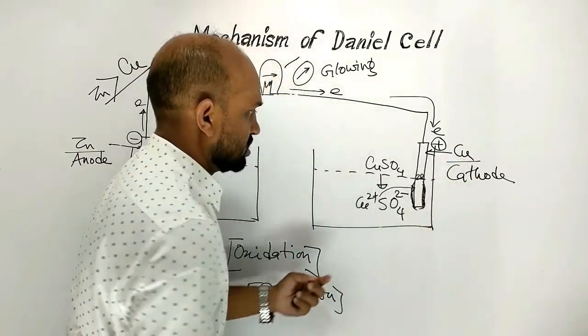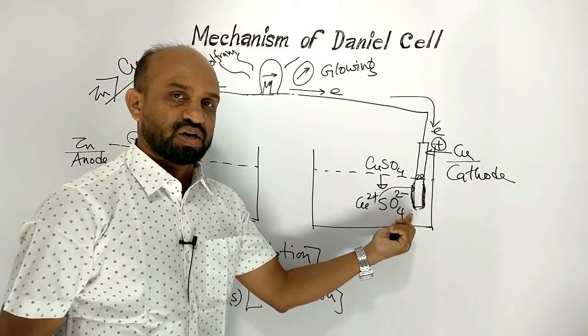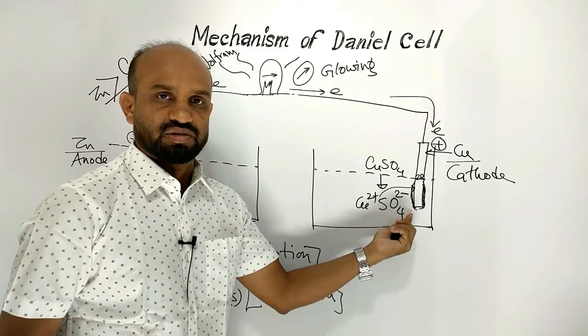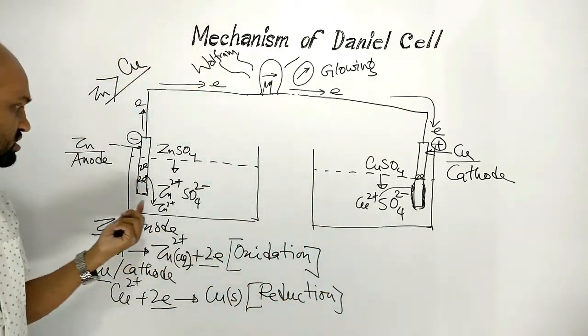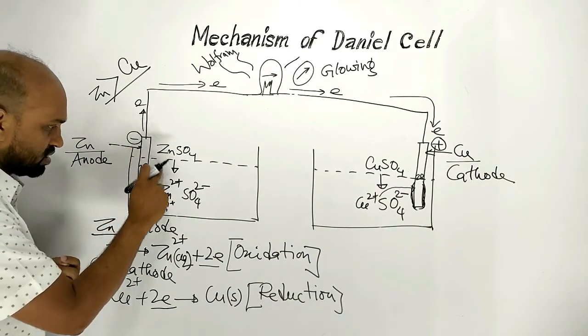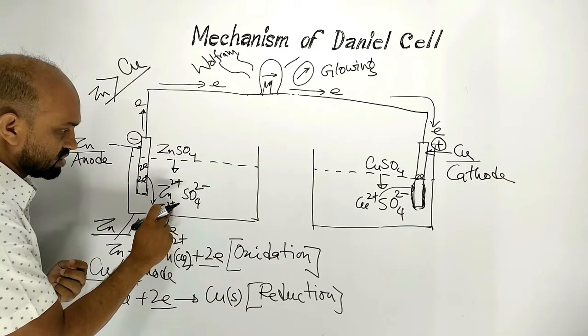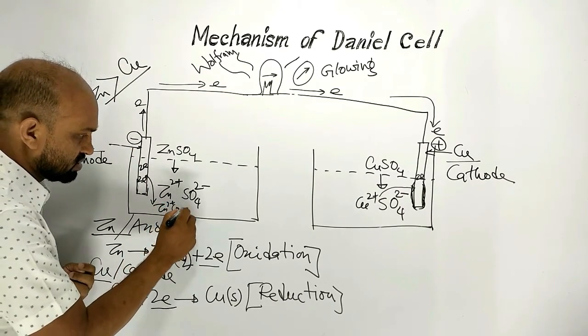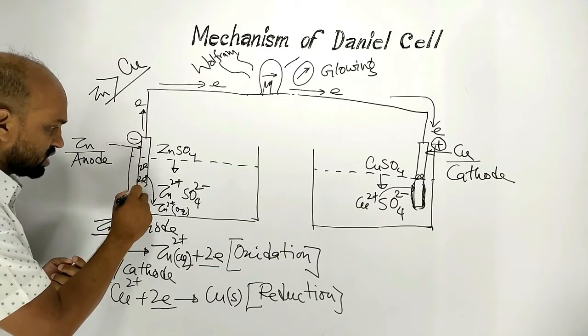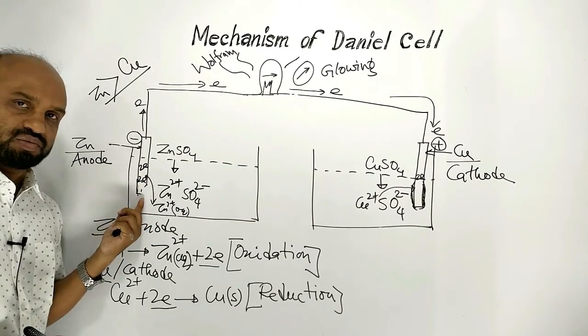That is why, with the passage of time, the copper bar fattens, thickens, and at the same time, zinc atoms of the zinc bar are going to the solution as zinc 2 plus ions. That is why it decays with the passage of time.